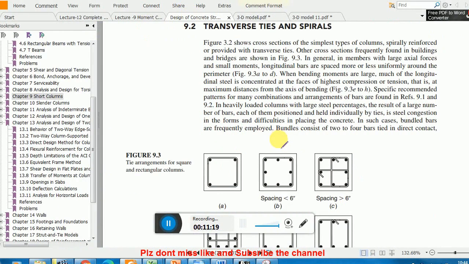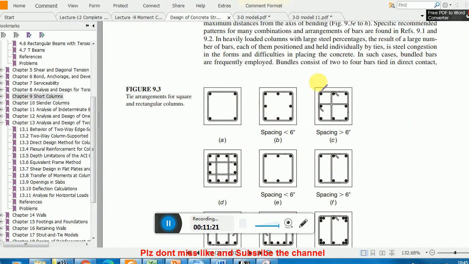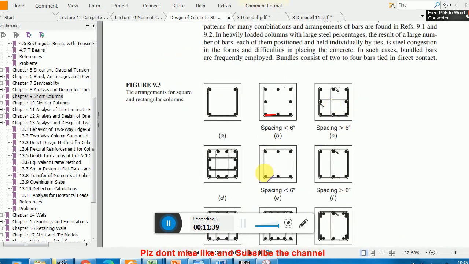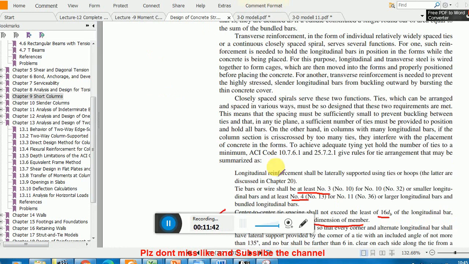Remember, different patterns are possible. These are the tie patterns. If the spacing between two successive bars is less than 6 inches, we don't need these cross ties. But if this distance is more than 6 inches, you need this kind of arrangement you see here, so you have to provide it.